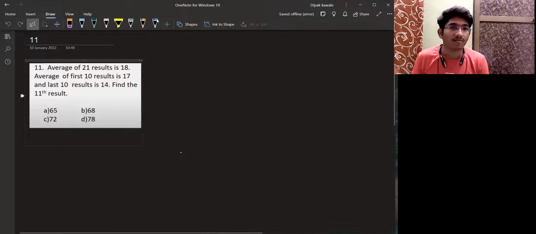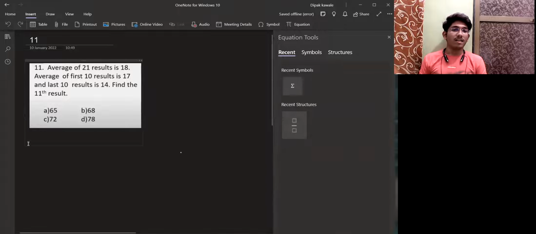So what is given? It is saying that average of 21 results is 18. That means sum of 21 divided by 21 is 18.